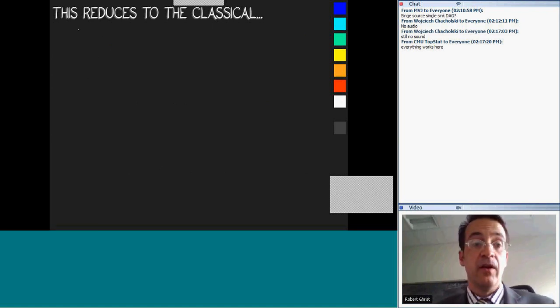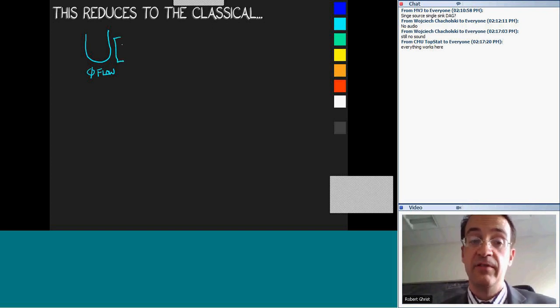So, of course, this wouldn't be any good if it did not recover the classical theorem, and indeed it does. You translate the results of the previous slide to that setting, then the set of all feasible flow values turns into a union where is a flow. And remember the semi-modules that we looked at with the classical setting.